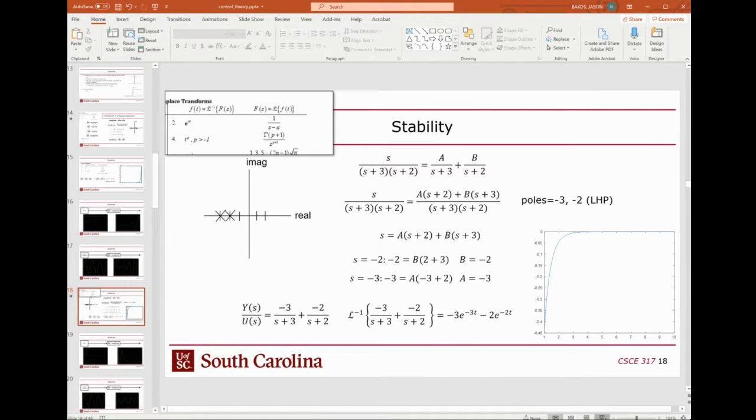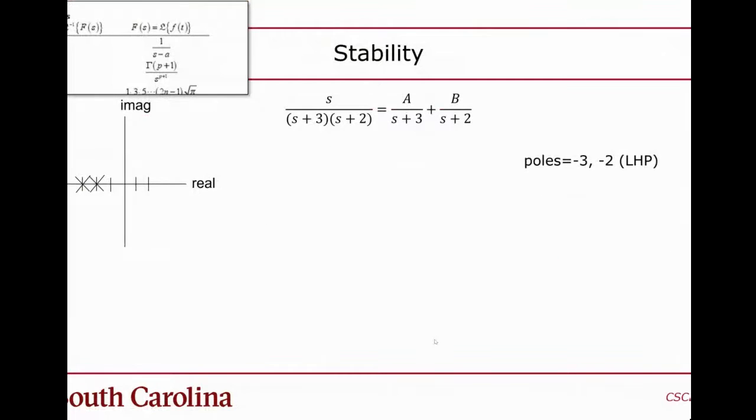Oh yes, repeat how I got A and B. Yeah. So you have the original function, which is s divided by (s plus 3) times (s plus 2). And this function I got by factoring. Well, in this case, I just tweaked it to make it stable, basically.